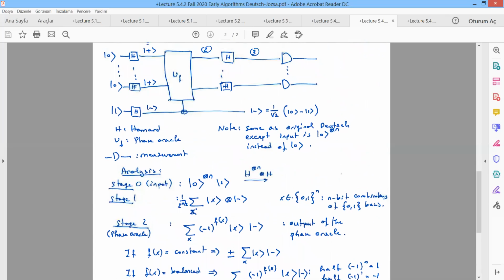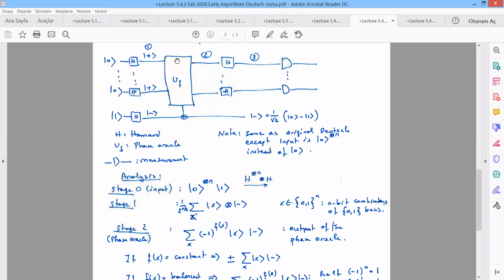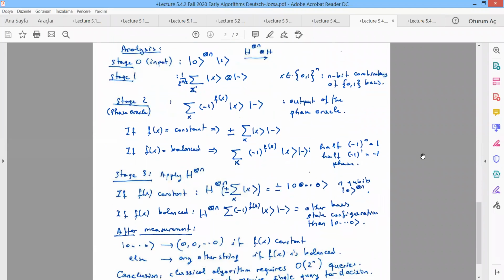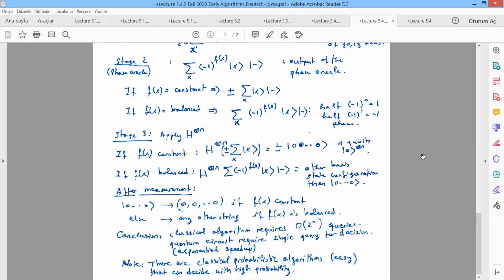In this circuit, we have a single query. With a single phase query, we can deduce whether this function is a constant function or a balanced function. So there is an exponential speed up. On one hand, it scales as 2 to the n exponentially. On the other hand, you just need a single query.